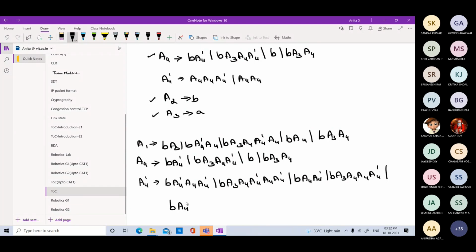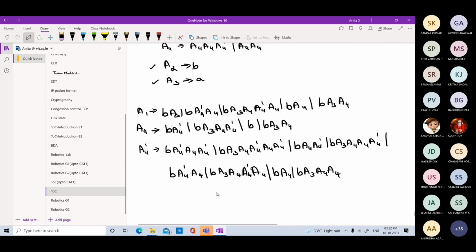So or B A4 dash A4 or B A3 A4 A4 dash, and A4 derives B.